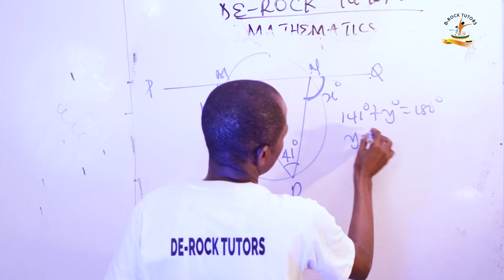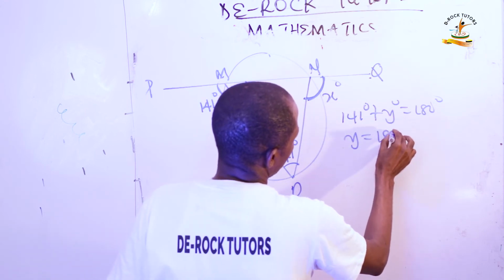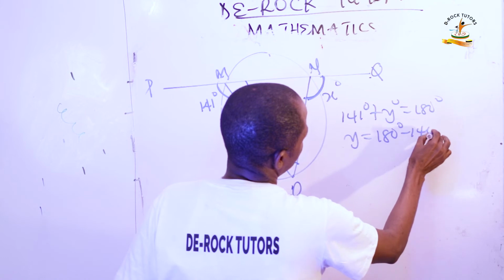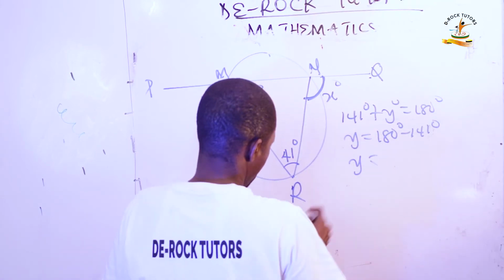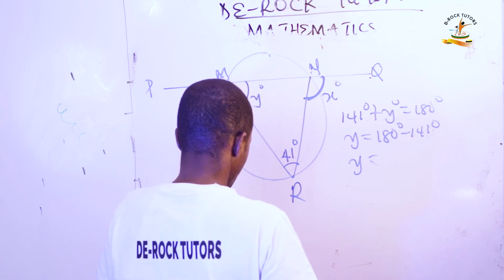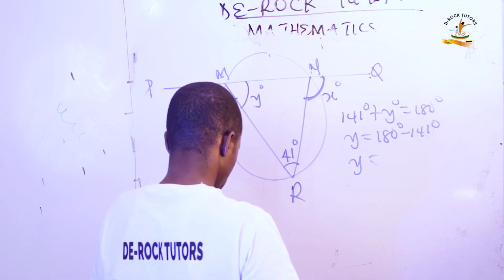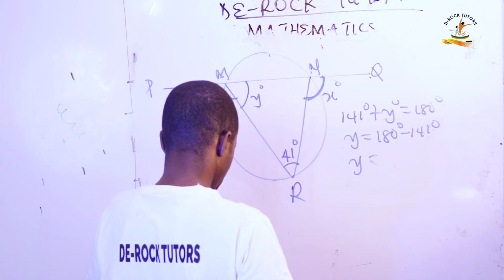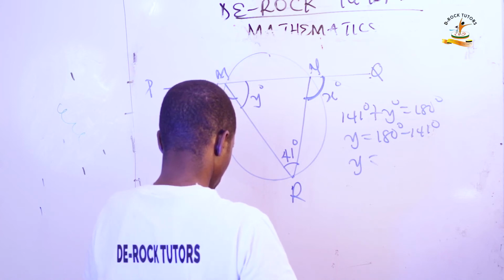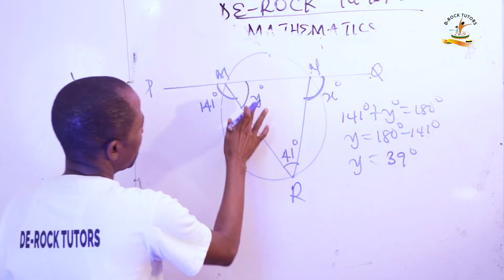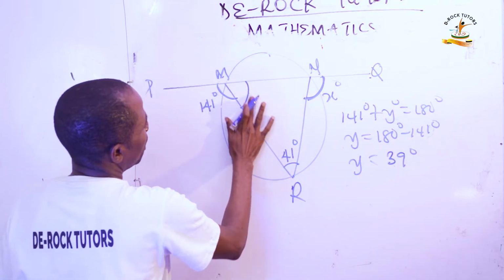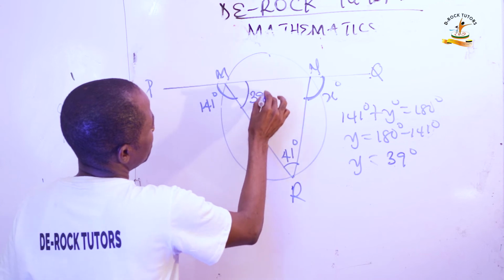So Y, if you subtract 141 from both sides, 180 degrees minus 141 degrees, which means that our Y now is going to be 180 minus 141, that's 39 degrees. So the angle here is now calculated to be 39 degrees.